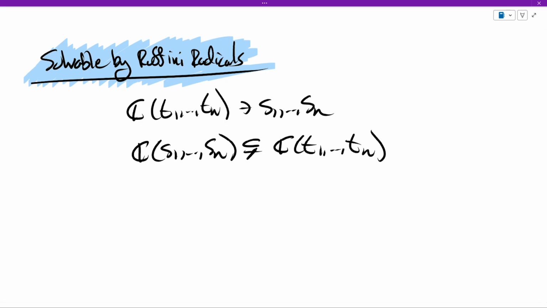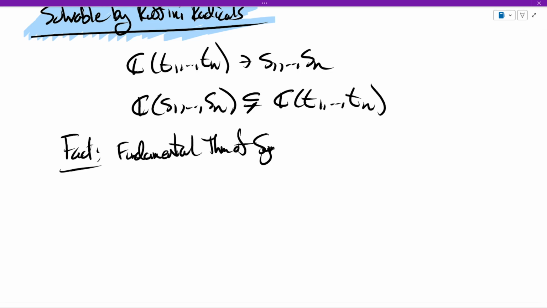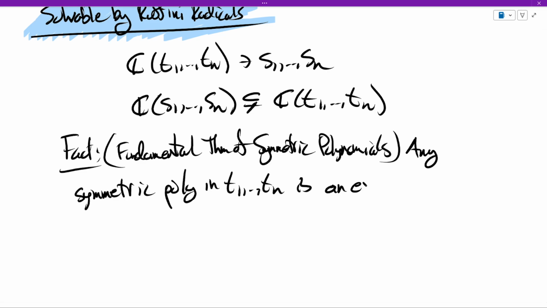It turns out this is called the fundamental theorem of symmetric polynomials: any symmetric polynomial, which is just a polynomial that is left unchanged when you permute the T's, is an expression in the S's.